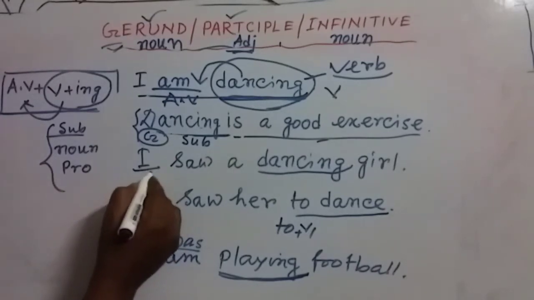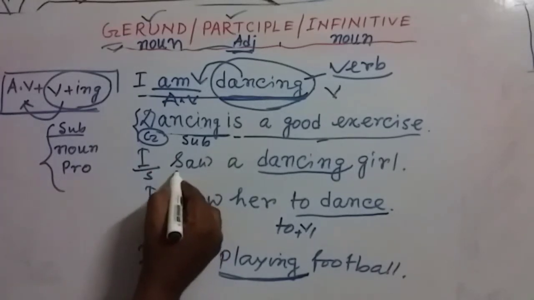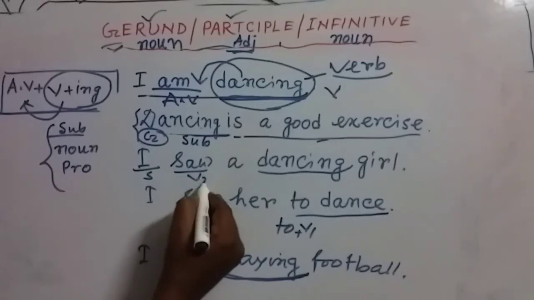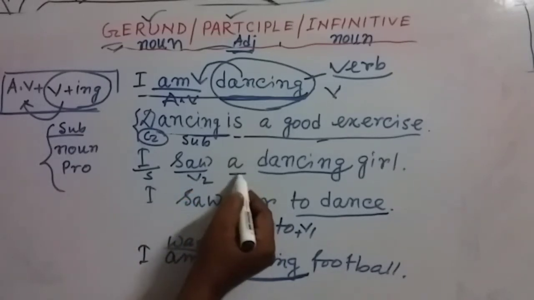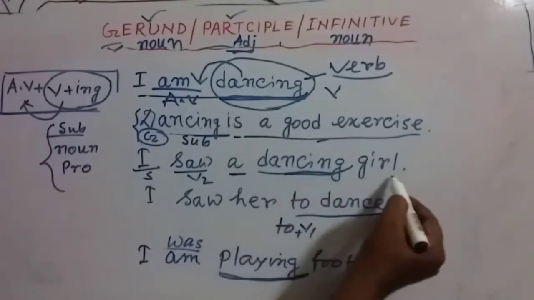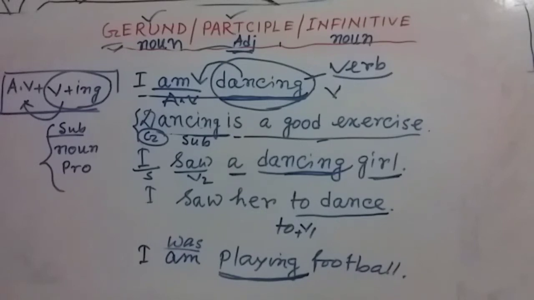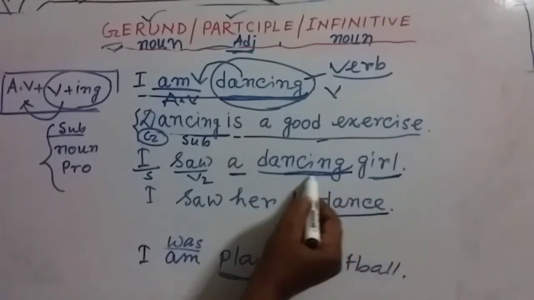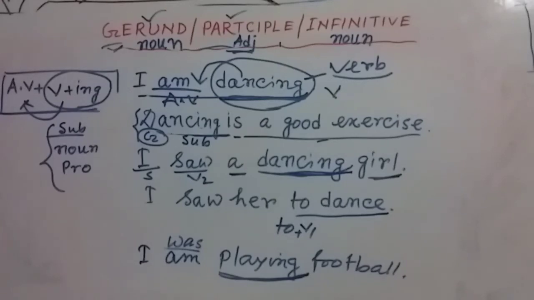This is the subject. This is the verb, V2 form. This is maybe an adjective, maybe an adverb, and a dancing girl. So here look at this term. It is a non-finite verb, or you can say an infinite verb.